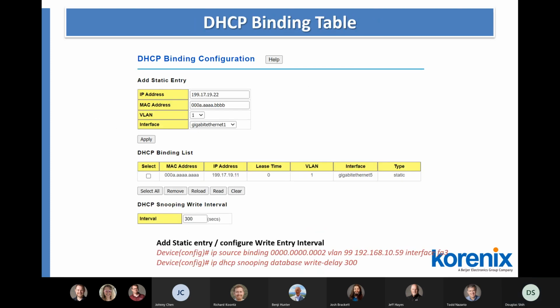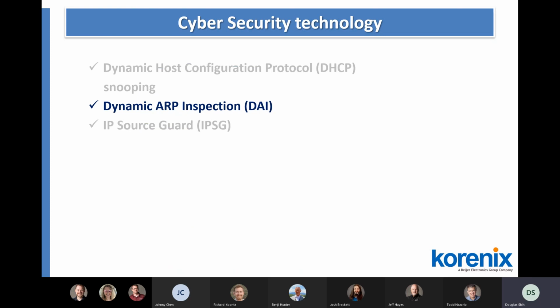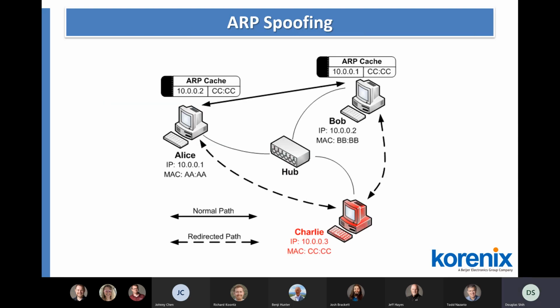Okay, and after we finish the DHCP part, then we go to the DAI part. It is usually called Dynamic ARP Inspection. To discuss this part, we should talk about ARP spoofing first.